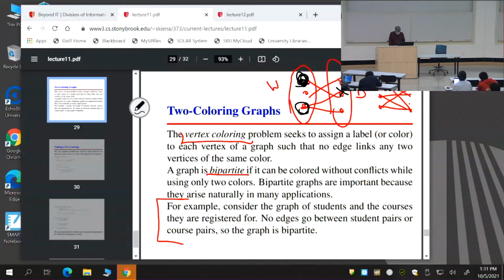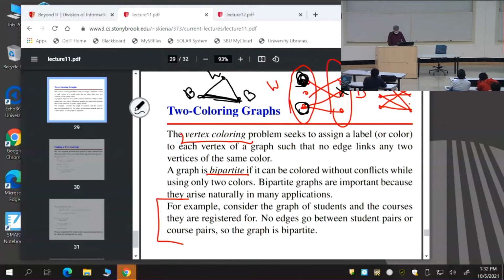If there was a contradiction, like let's say a graph like this, if I color this vertex white, that means this vertex has to be black and this vertex has to be black. But note that I've now created a problem. That edge goes between two black vertices as opposed to two of different colors.